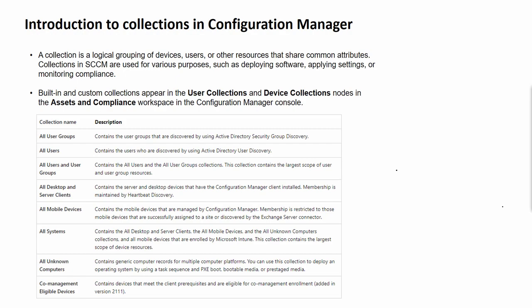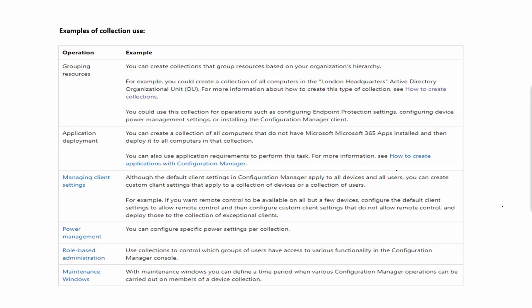Now coming back to the slide once again, we have some of the use cases of collections, I mean, where the collections are being used. So one is grouping resources.